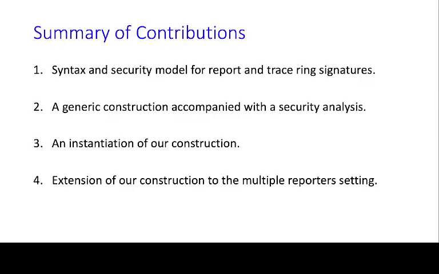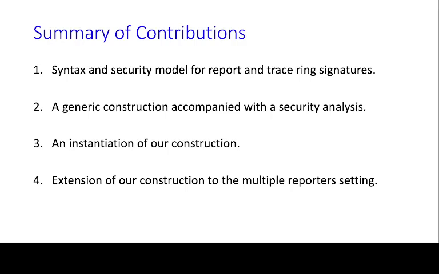I'll first present a summary of the contributions in this work and then provide details of each contribution. So we defined Report and Trace ring signatures, a new primitive that extends the notion of standard ring signatures to support the ability to report malicious messages and to trace the signer of such messages. We provided a security model for report and trace signatures and presented a generic construction accompanied with a security analysis.